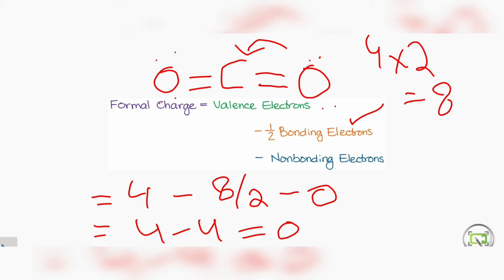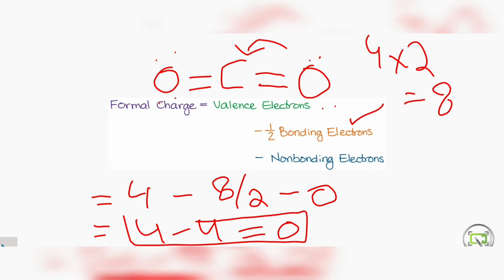When your answer comes out to be 0, you can say that a neutral atom has 0 formal charge, so your Lewis structure is correct. If you do not get 0, your Lewis structure is not correct.